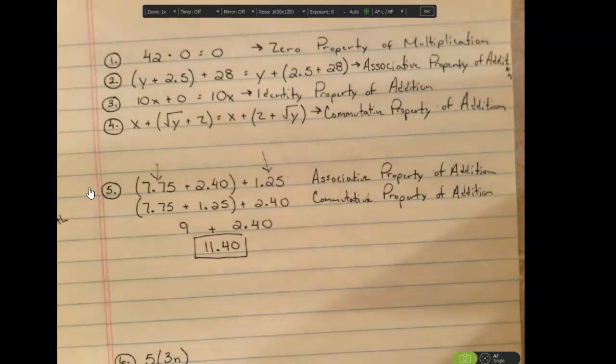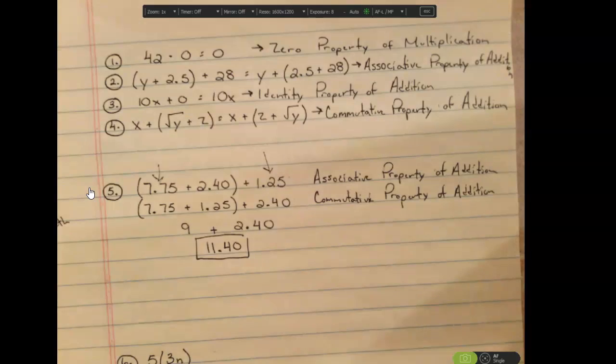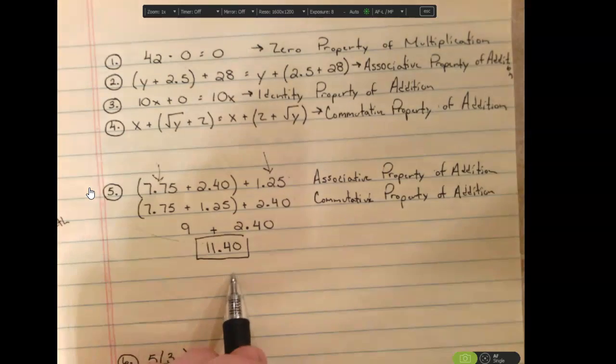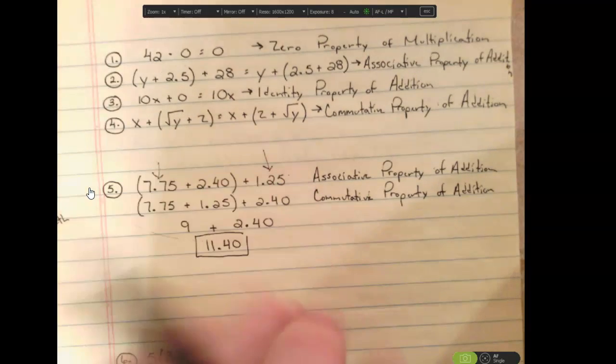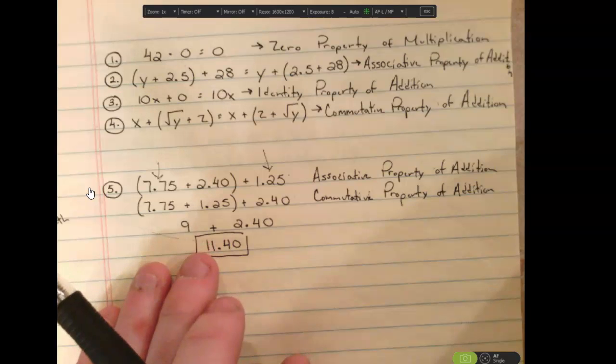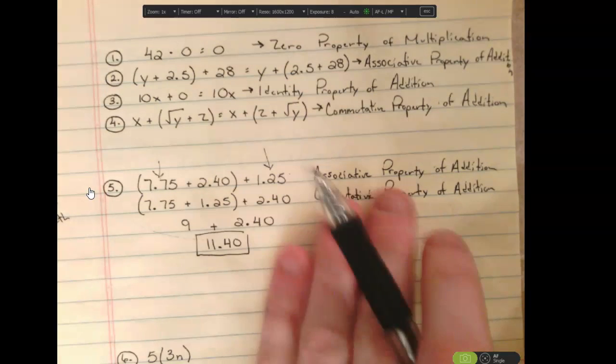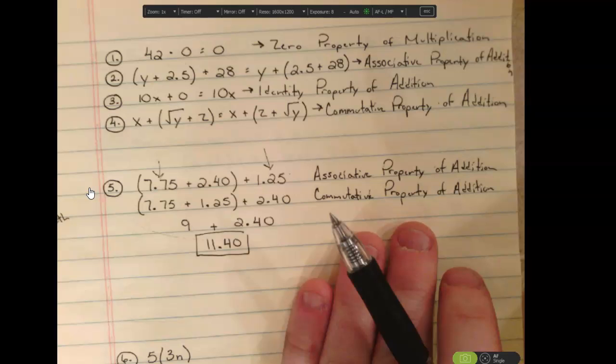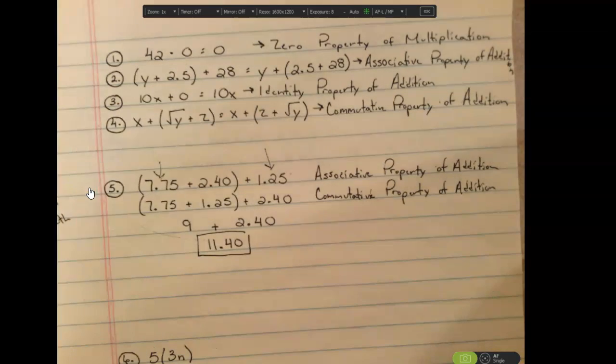So when you solve any of these problems, make sure you list off what properties are being used. This problem should be something all of us can do. This is very much getting back to the basics with adding and multiplying. But what we need to make sure we do is include those properties involved as well. Okay? All right, let's move forward. We've got just a couple more problems and then we'll be finished.